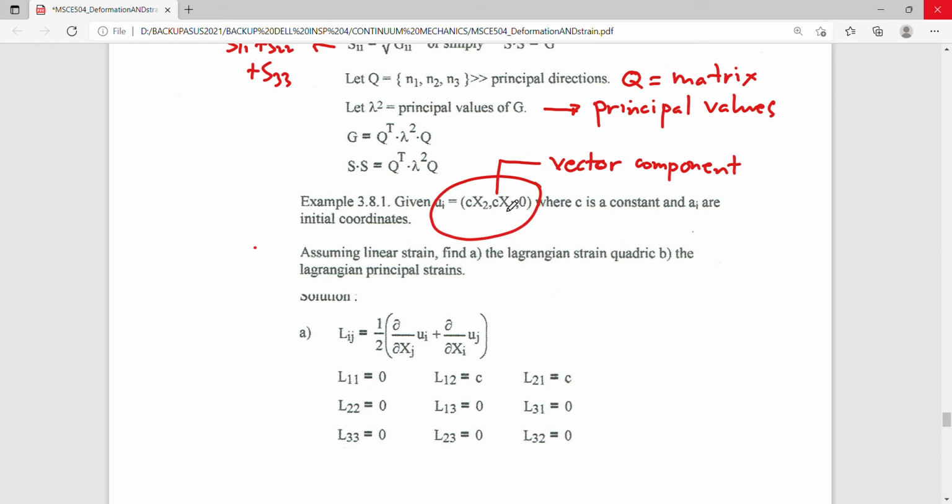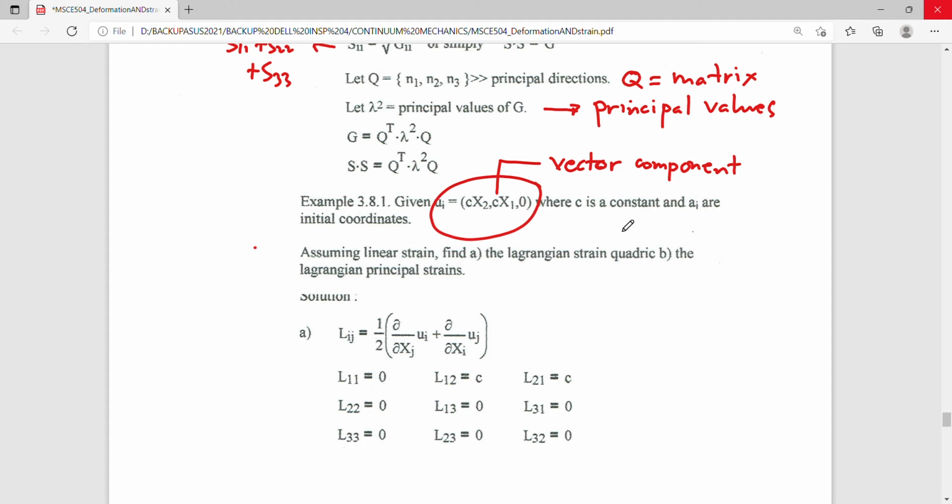Okay, so how do you now transform this into a vectorial equation in terms of a displacement field? Since these are separated by commas, it simply means that your u1 is this part here, your u2 is this part, and your u3 is 0.